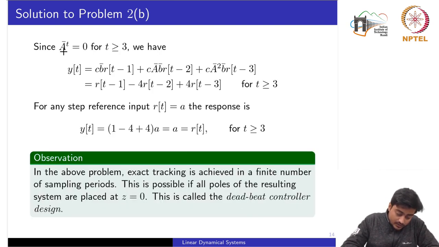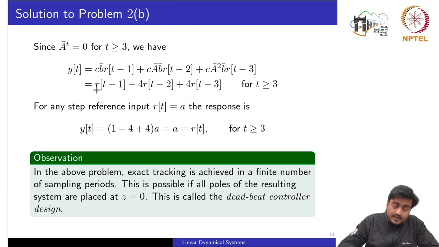So since we know that A bar to the power t is equal to 0 for all t greater than or equal to 3, we can compute only for finite sample times. Okay, t equal to 1, 2, 3, and afterwards we would get A bar to the power 3 equal to 0. Okay. Substituting the C and the B vectors, we finally obtain this one.